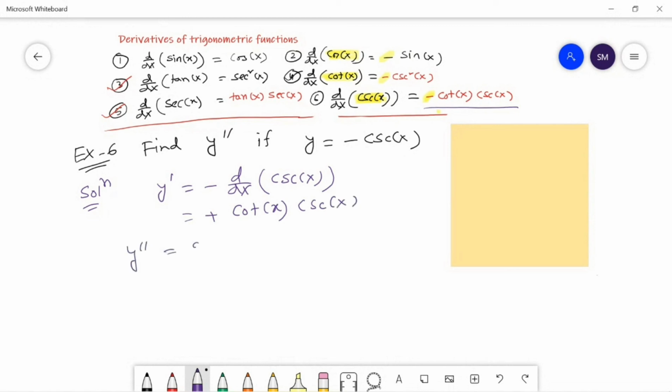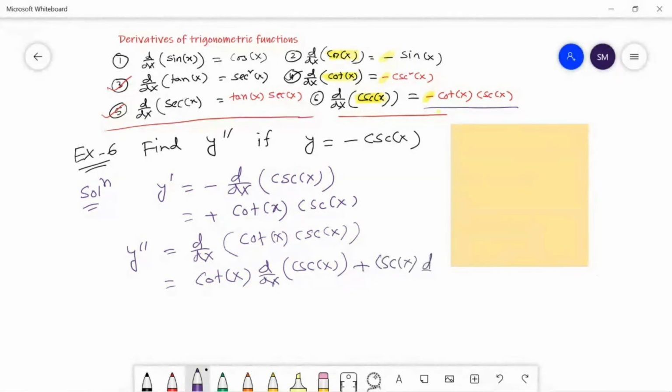Now we take the second order derivative, and in the second order derivative we use the product rule on cotan x multiplied with cosecant x, which we can write as cotan x multiplied with the derivative of cosecant x plus cosecant x multiplied with the derivative of cotan x.